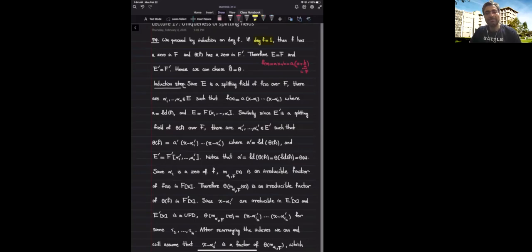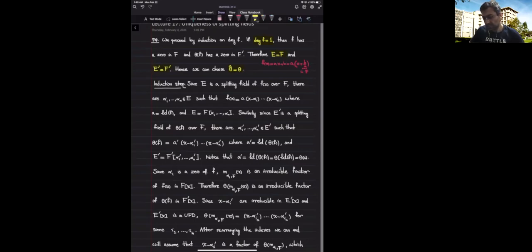So I can take theta hat to be just theta, because E is F and E prime is F prime. So we can choose theta hat to be just theta, and that satisfies the claim that we had. So that gives us the base of induction.